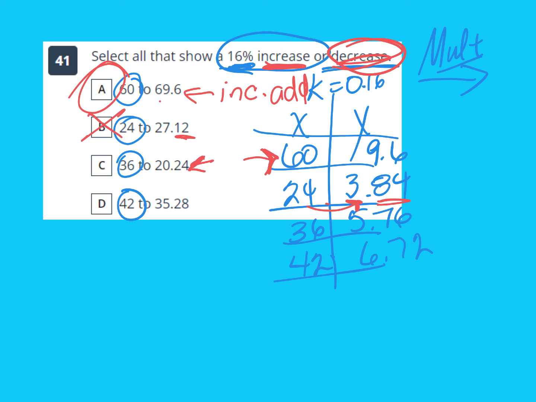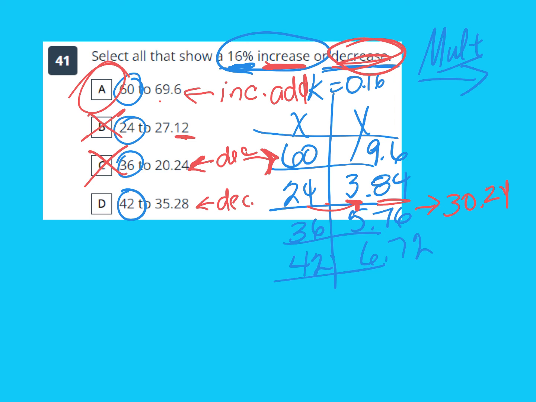36 is a decrease, right? So I'm going to use my calculator to subtract 36 minus 5.76. 30.24. So this is not. This is also a decrease.